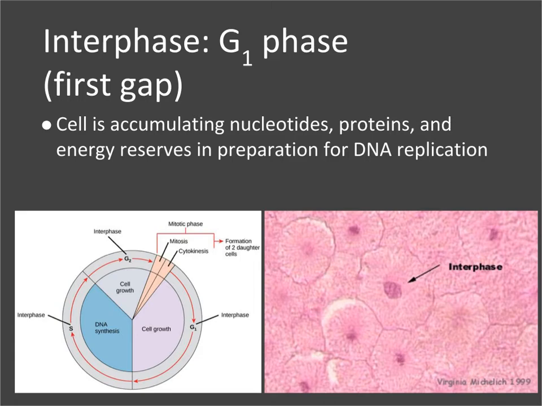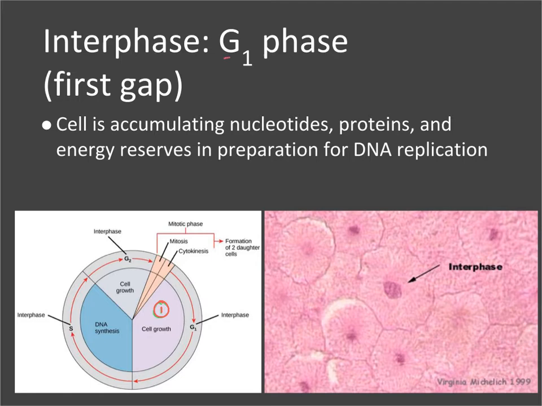So now let's take a look at the subphases of interphase during which a cell is preparing to go through mitosis. So for cells that are preparing to divide again in order to make new cells. So the first stage that we're going to talk about is the G1 phase. And you can see that here in interphase. All right, so this is the first phase.